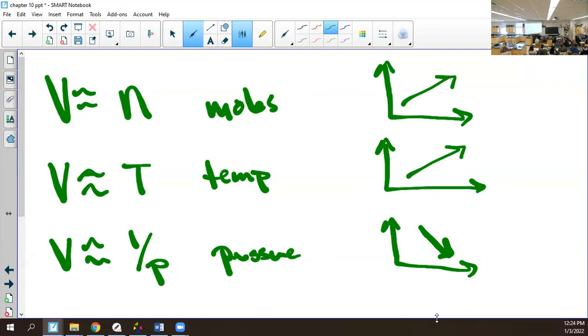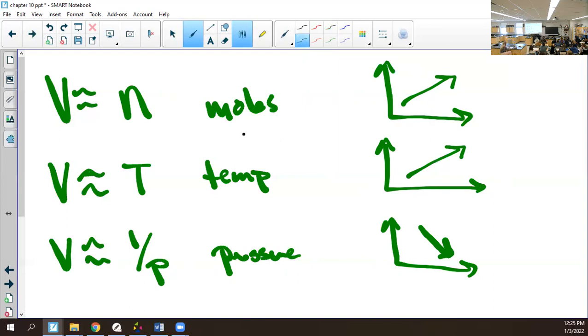So I can actually use what's on the screen to come up with an equation that relates volume to moles, temperature, and pressure. The arrows show me where the variables go.